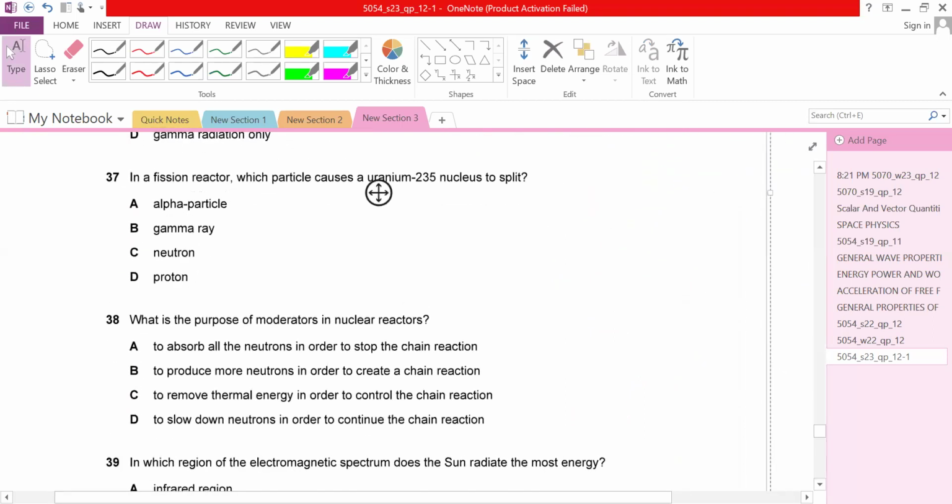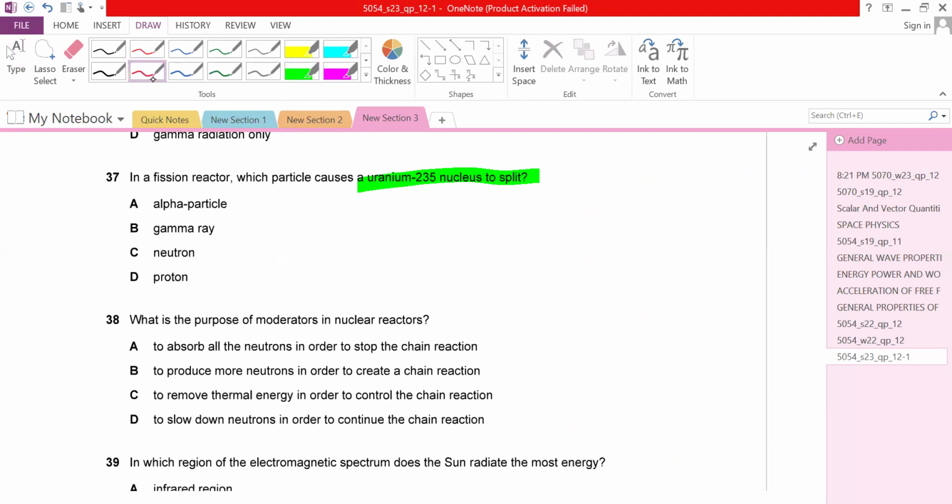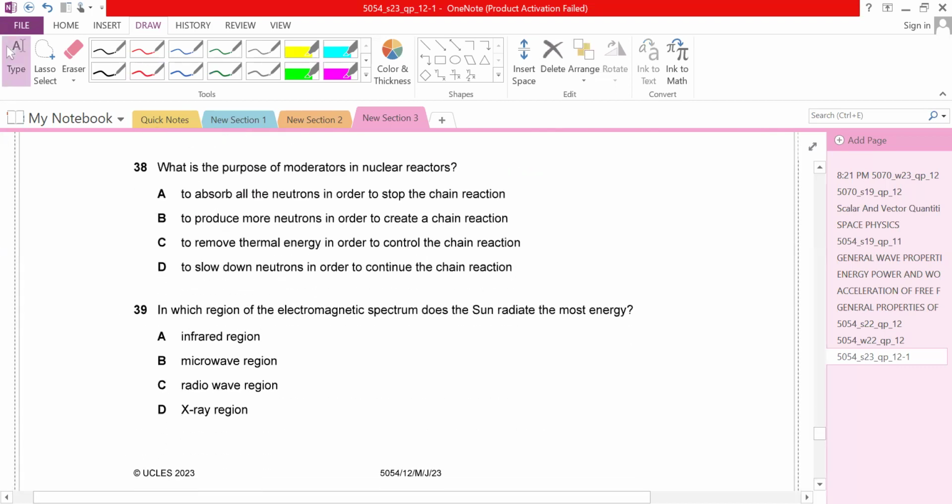Question 37. In a fission reactor, which particle causes a uranium-235 nucleus to split? Neutron. Question 38. What is the purpose of a moderator in the nuclear reactor?